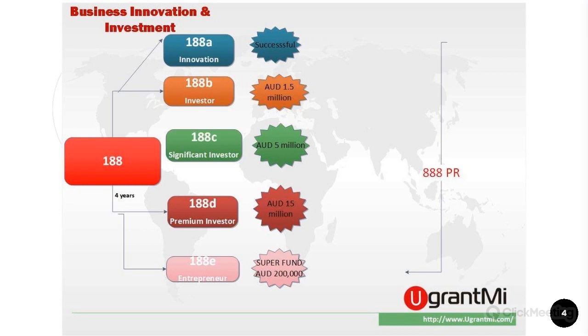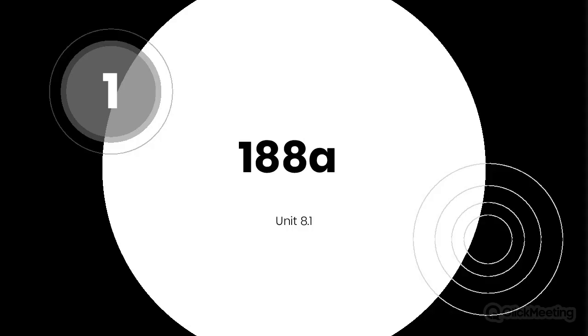You have to wait 4 years in order to apply. For the investor visa, you also need to wait 4 years in order to apply. However, for the 188 innovation type, you only need to wait 2 years in order to apply. So let me go through some criteria that you might be interested in.